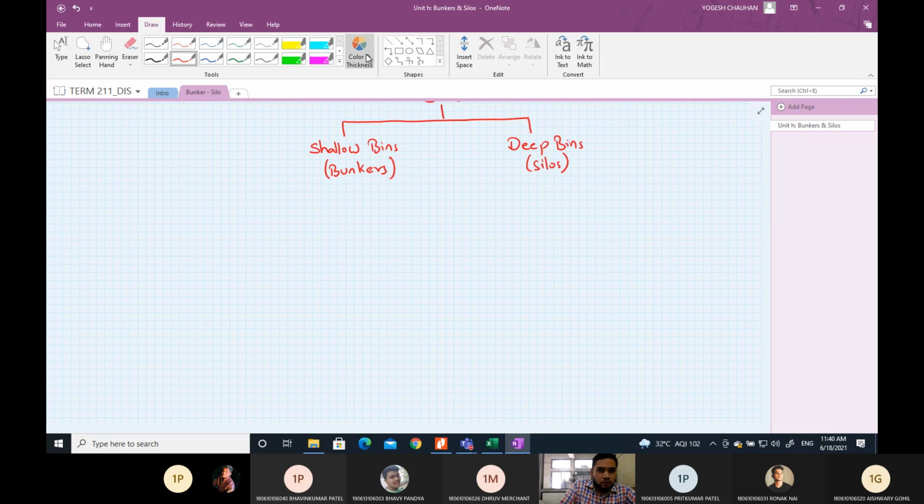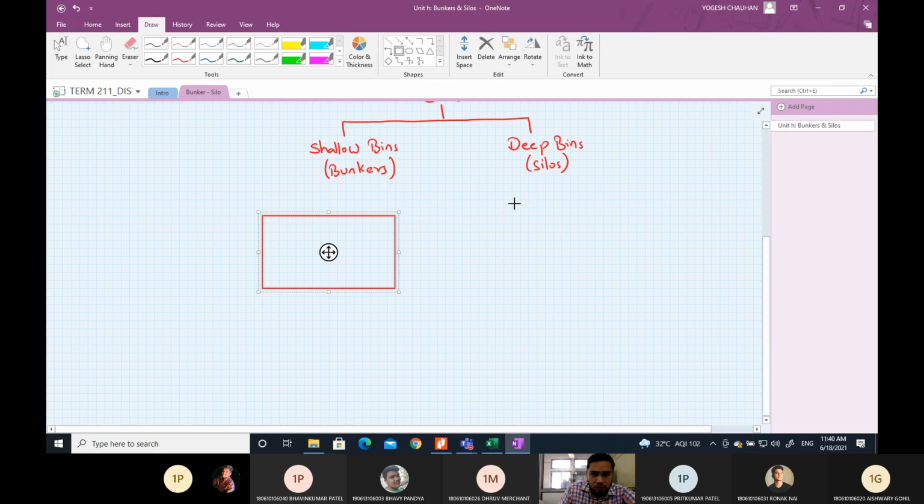Now, if we draw it, these are silos, and these are bunkers, and these are silos.